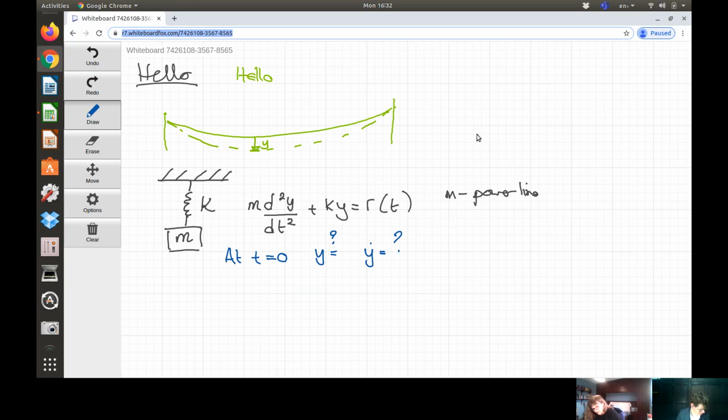And instantaneously, the initial velocity is 0. Exactly, because the line hasn't moved yet, the starlings have only just flown away. But then your initial y would be some kind of negative number, because y is being displaced downwards by the weight of the starlings.